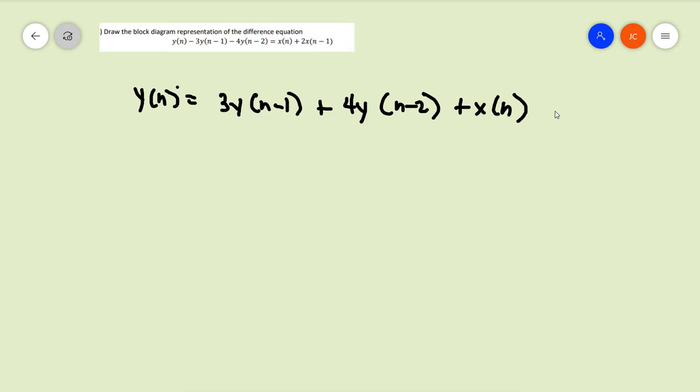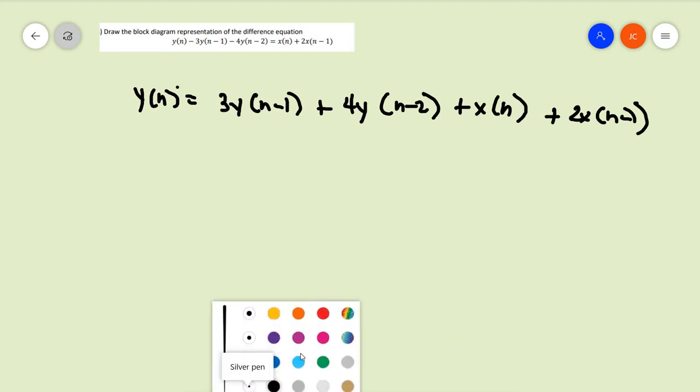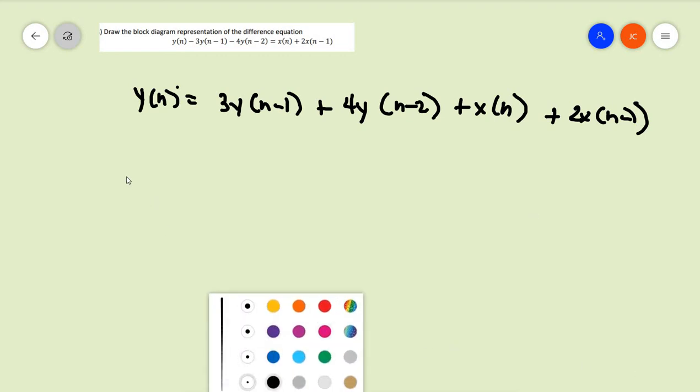As you can see, there's a lot of plus. We have already learned how to do this one, so 2 x of n minus 1. So what we're going to do here is build this block diagram representation.